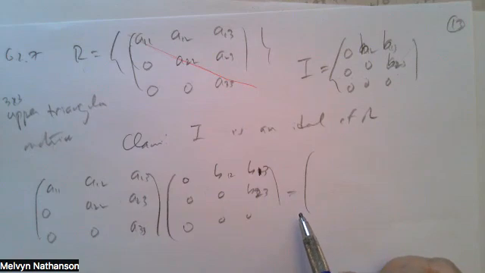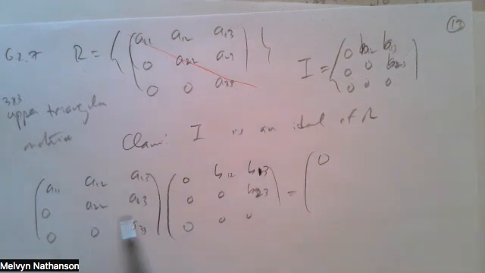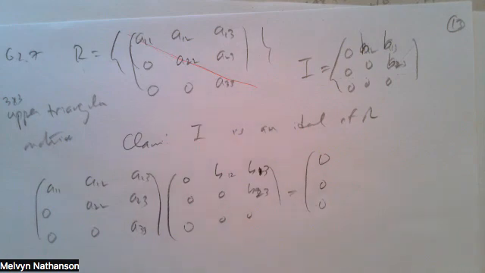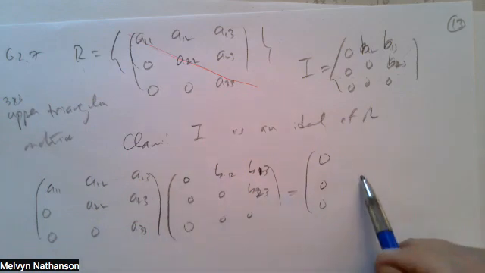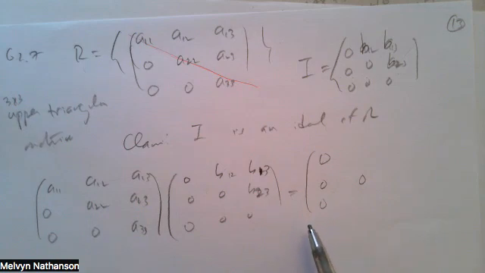So if I multiply this, first row into first column, that's 0. Second row into first column is 0. Third row into first column is 0. What is the second row into the second column? I get 0.